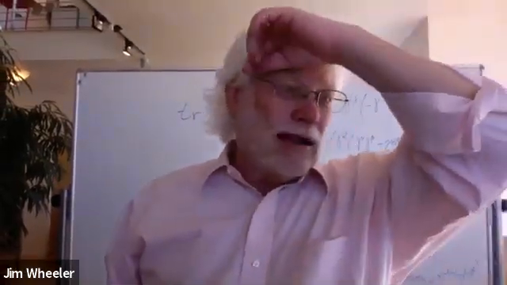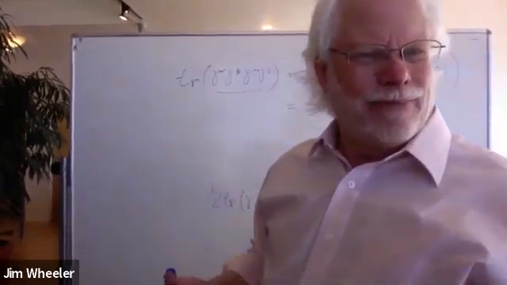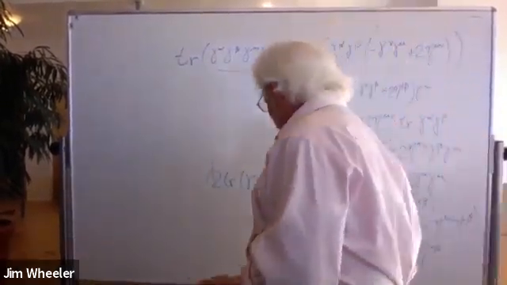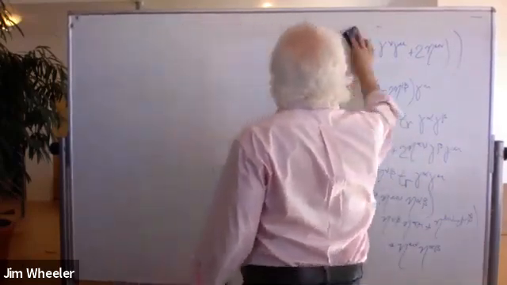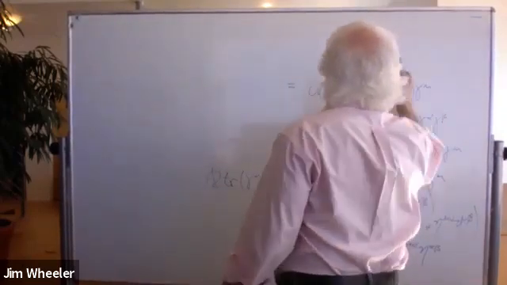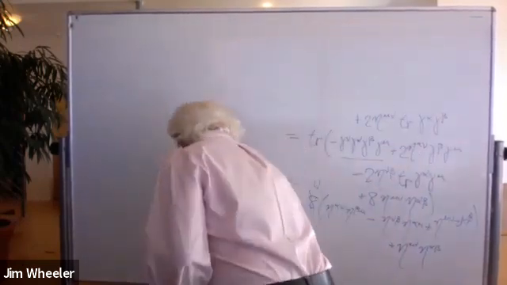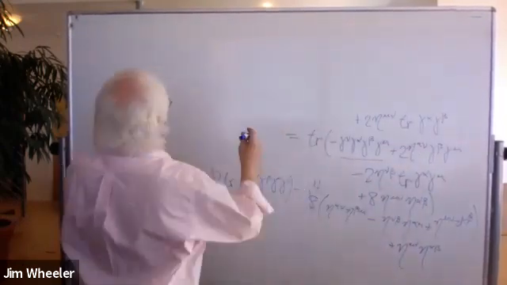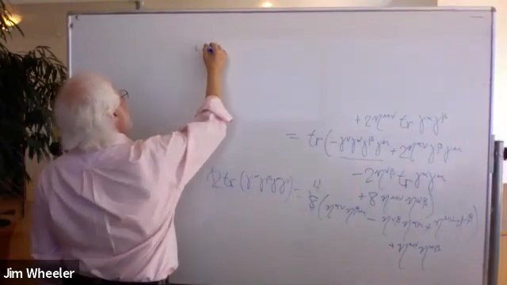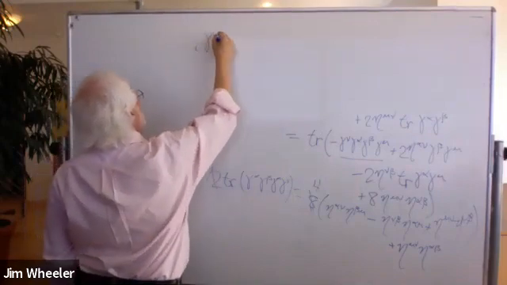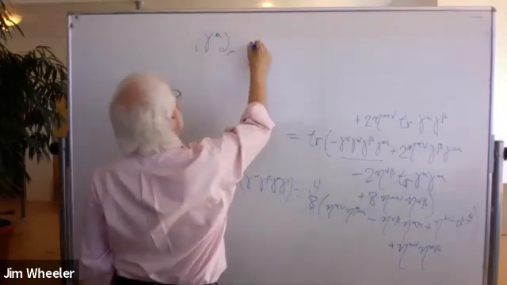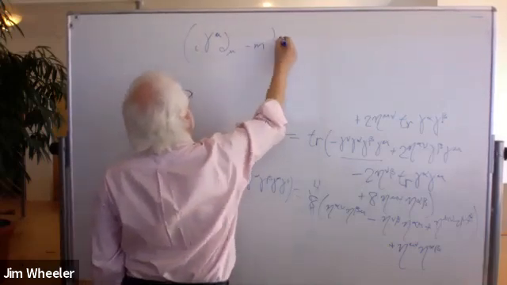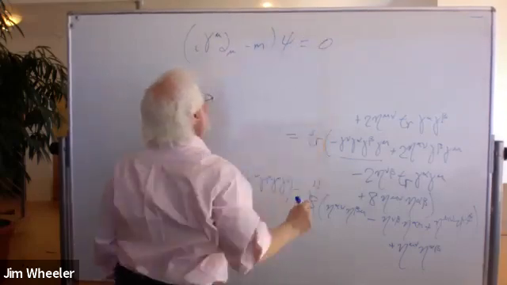Okay, so the Dirac equation, a little bit of notation here. I don't recall if we've talked about this yet, but all right, I gamma mu d dx mu minus m acting on psi is 0.